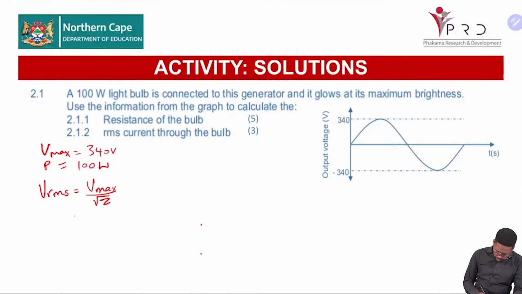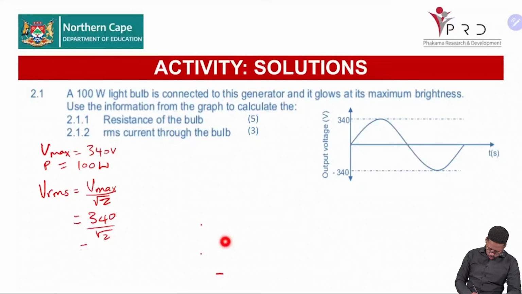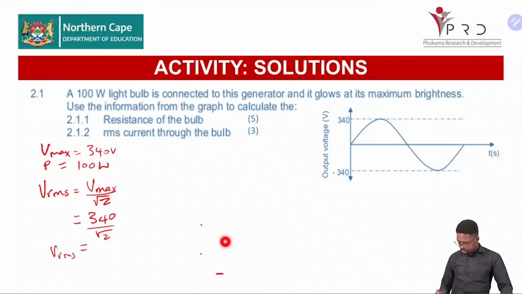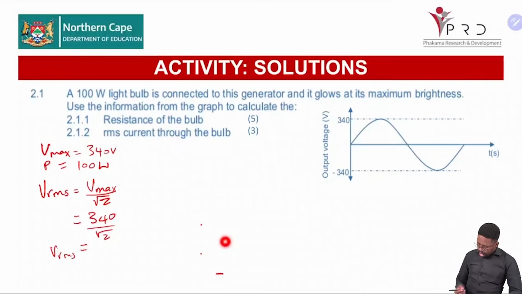Now, for us to get VRMS, we are going to say 340, which is our Vmax, all over root 2. Then VRMS would be 340 divided by root 2. Then our answer will be 240.42 volts.